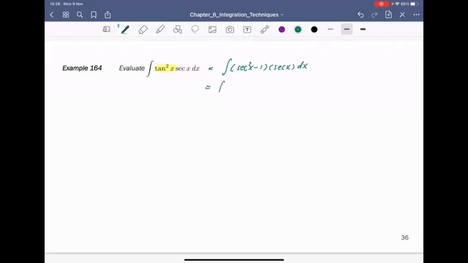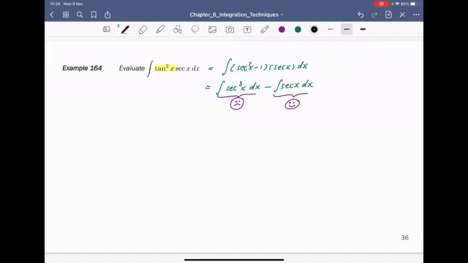And then now I am going to expand it. So I got sec cube x dx minus integrate sec x dx. Well, you have a formula for this thing. This is good. But this is not good because you don't have a formula for sec cube.